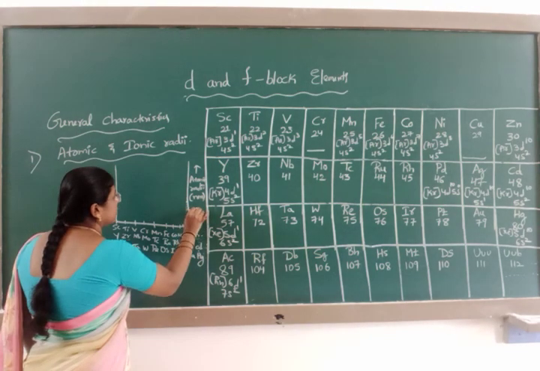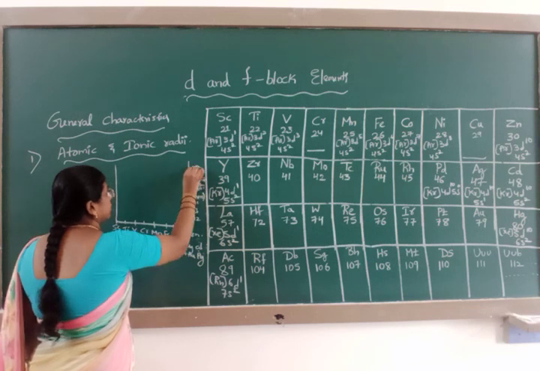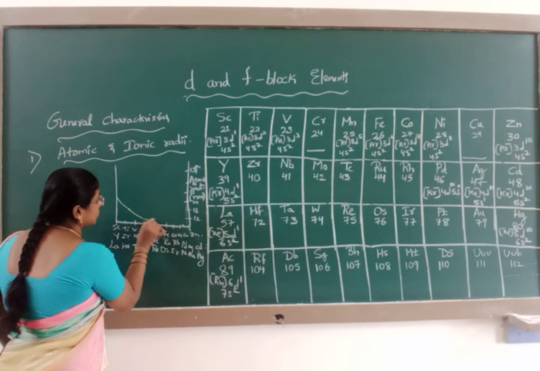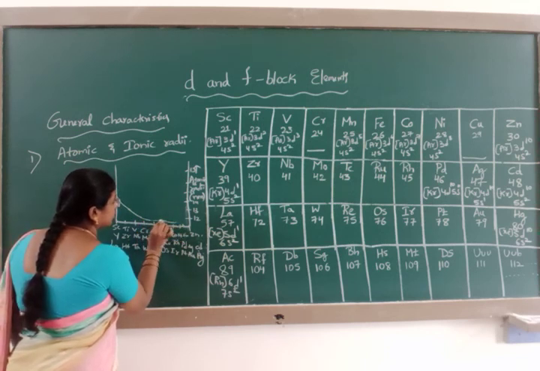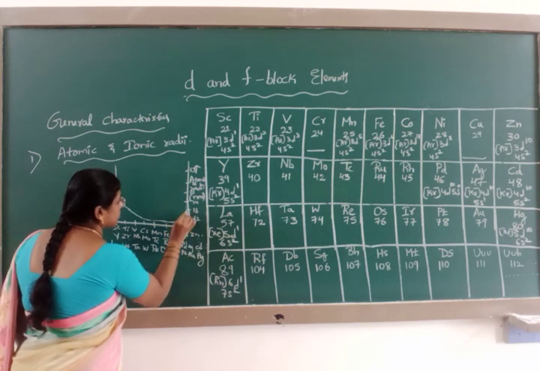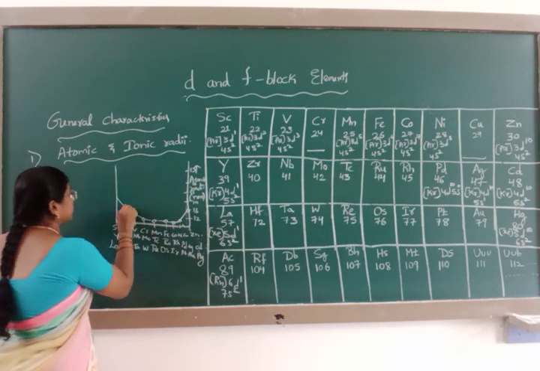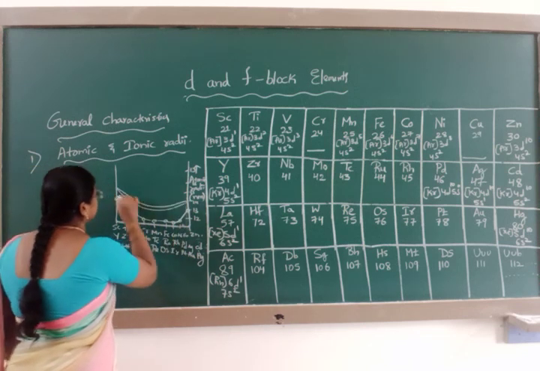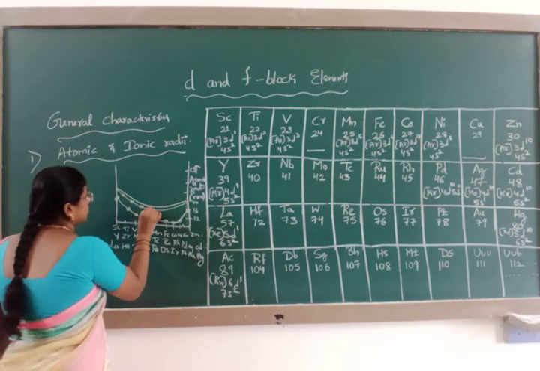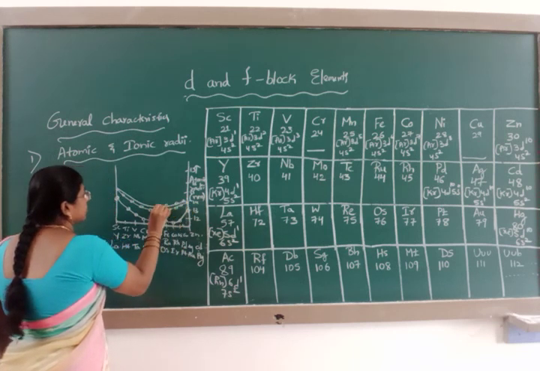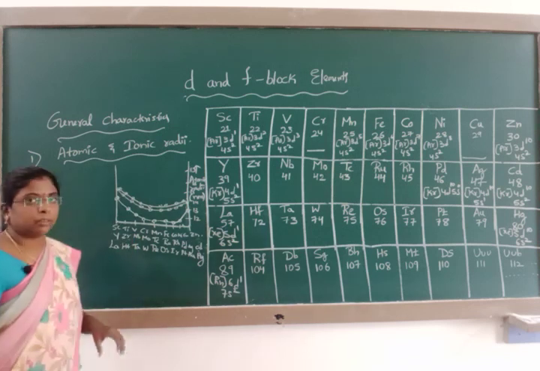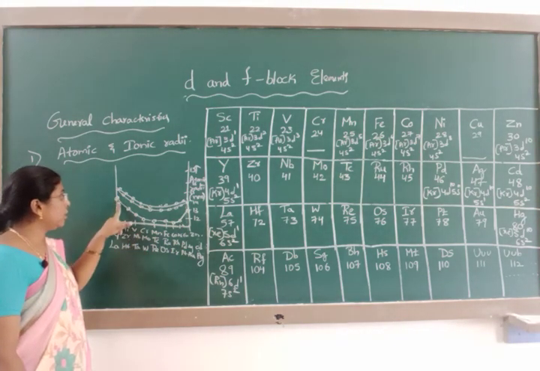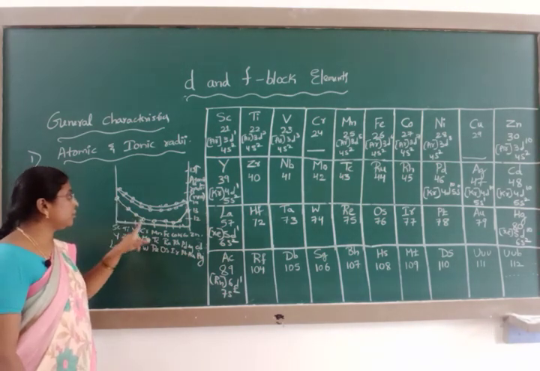Here if we plot against the atomic radius, if you see the atomic radius of the first transition series, that is the 3d series, initially the atomic radius goes on decreasing from scandium to chromium.